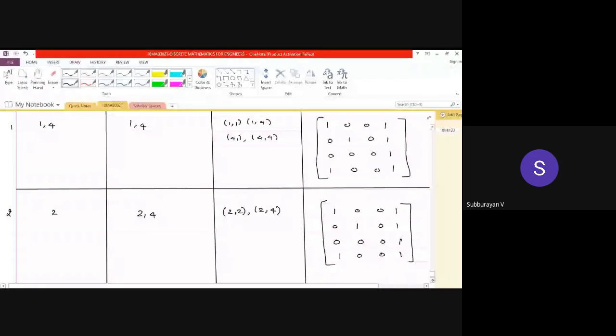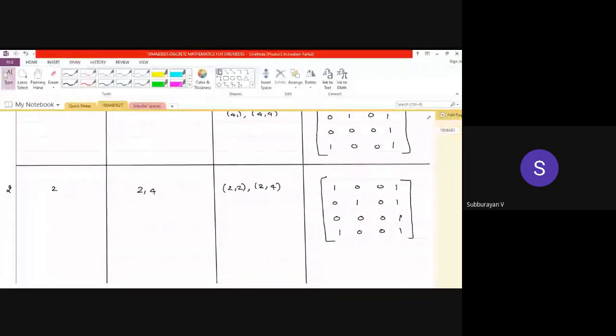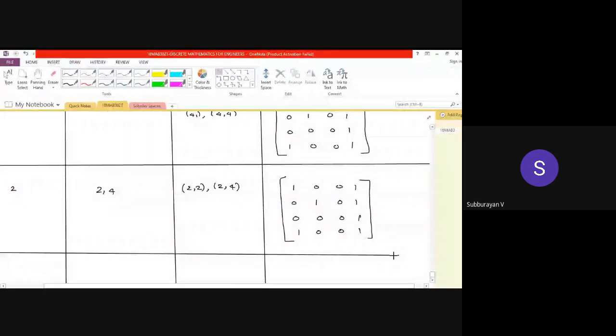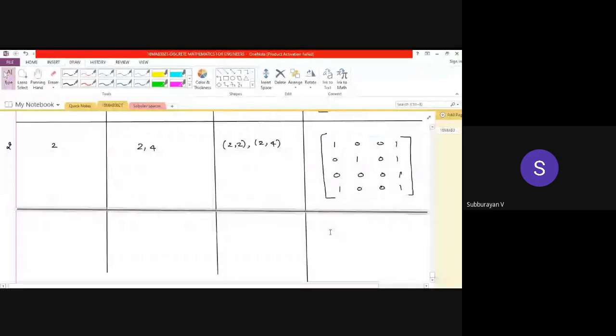Then come to step 3. Come to column number 3. Is there any non-zero entry in the third column? No, so there is no position. In the third row there is an element, but we don't have a first combination, so there is no combination here.